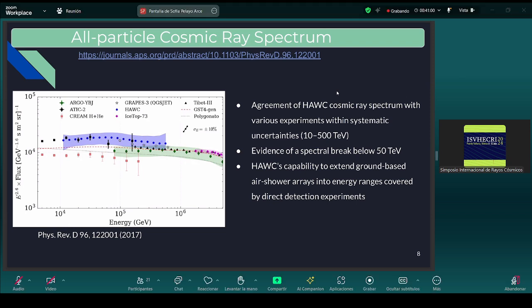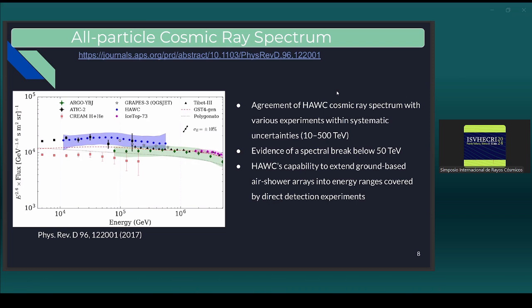We see that they are in agreement with the cosmic ray spectrum from other experiments, such as ATIC and GRAPES and others. Here we put as a reference the light particle spectrum measured by CREAM.